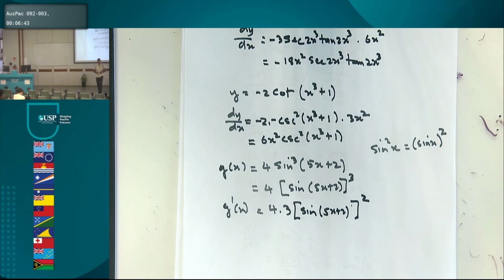What will the derivative of the inner be? Differentiate sine 5x plus 2. That alone has an outer, also has an inner. So differentiate sine 5x plus 2. What do you get? Because we'll multiply that to this expression that we've constructed.